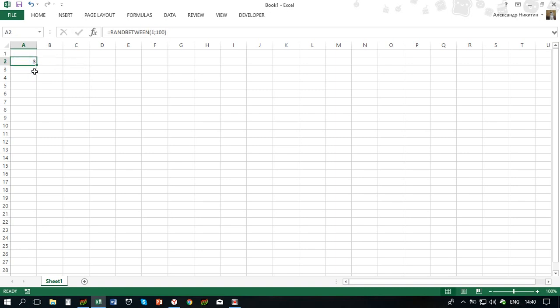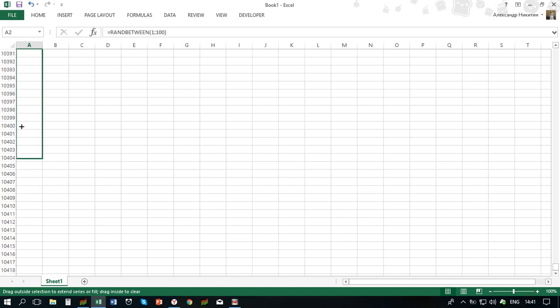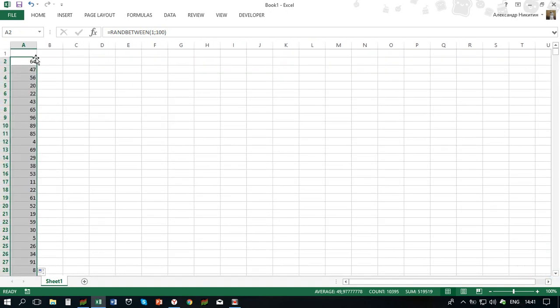So it will give me a random number, and if I stretch that towards 10,000 trades, it will give me random numbers from 1 to 100. Done. Very interesting simulation.